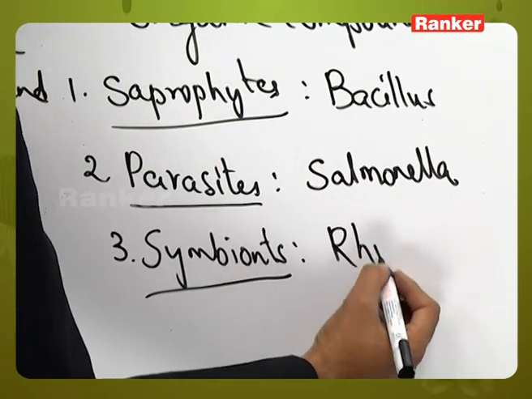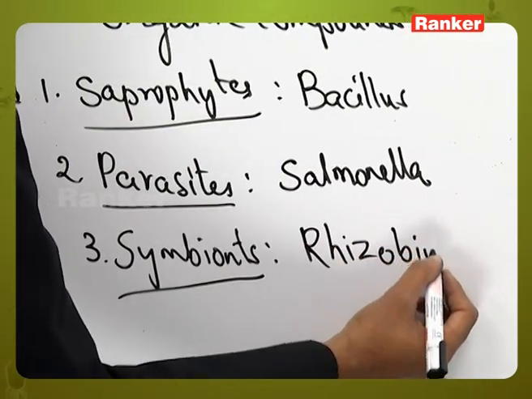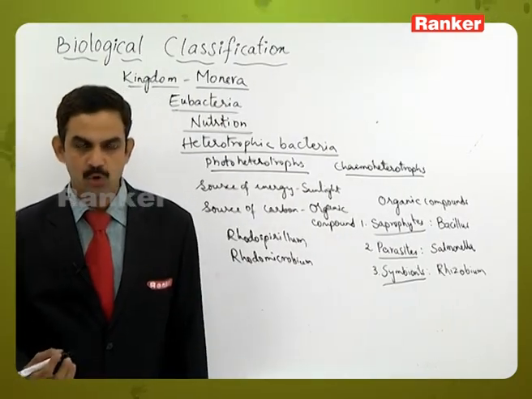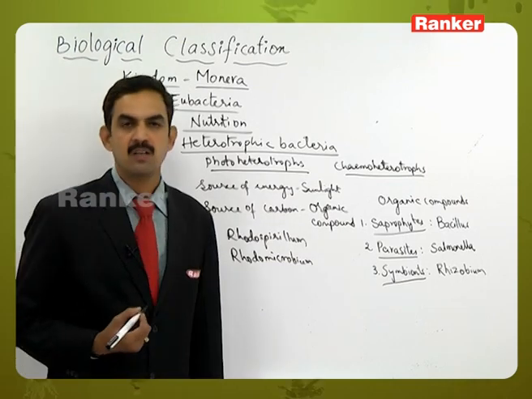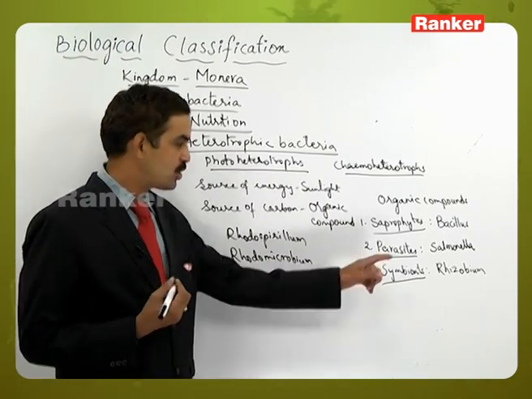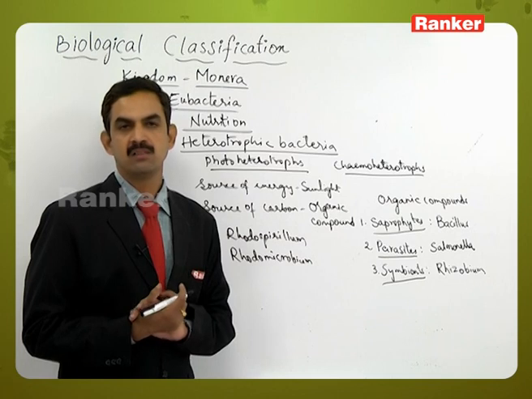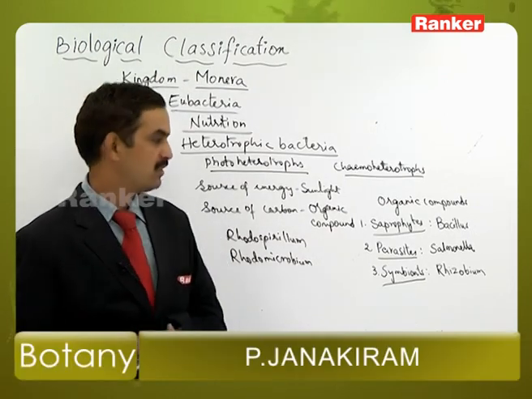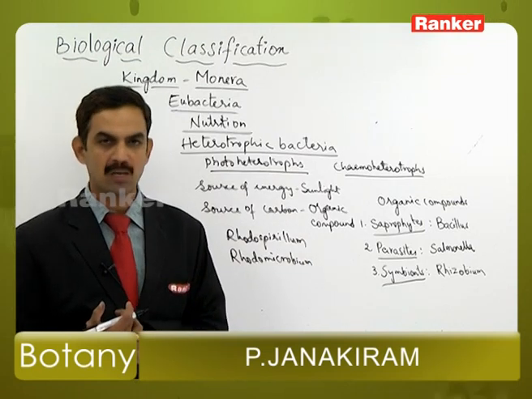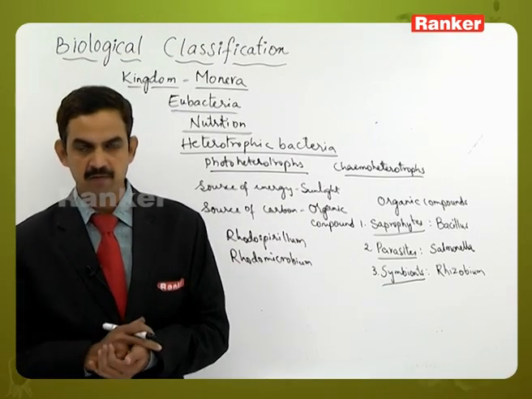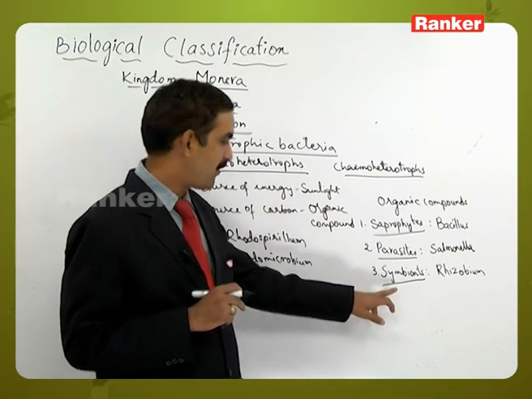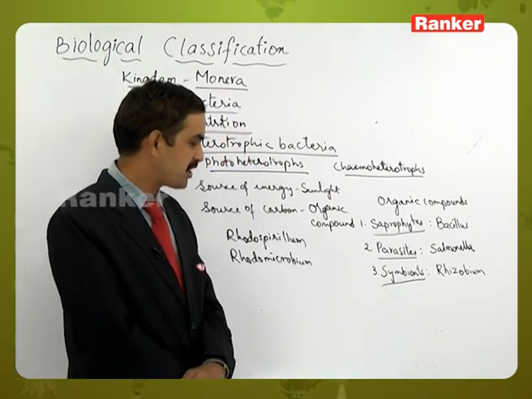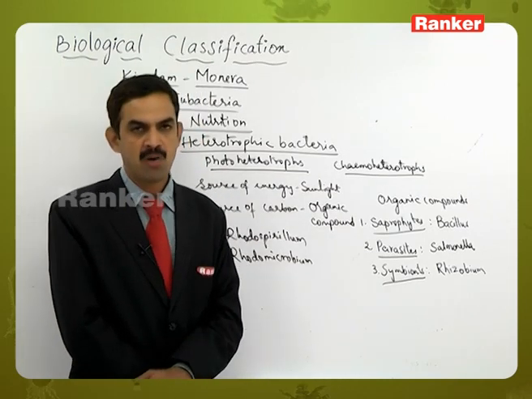The best example for this one is the Rhizobium bacterium. The Rhizobium bacterium is associated with the roots of leguminaceae plants, where the Rhizobium will provide nitrogen to the legume plant, whereas the legume plant will provide nutrition and also shelter to the Rhizobium bacteria. Likewise, both of them are benefited with this association. This type of association is called symbiotic association, and this type of nutrition is called symbiotic nutrition.